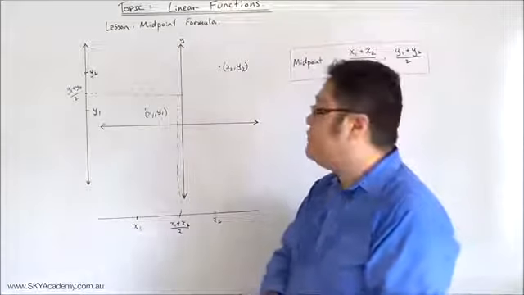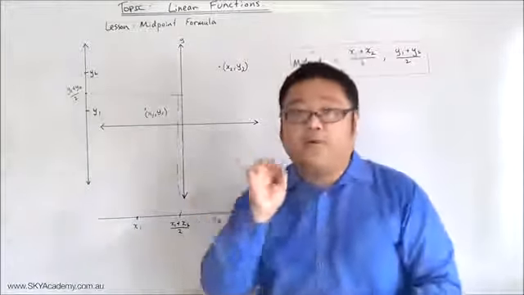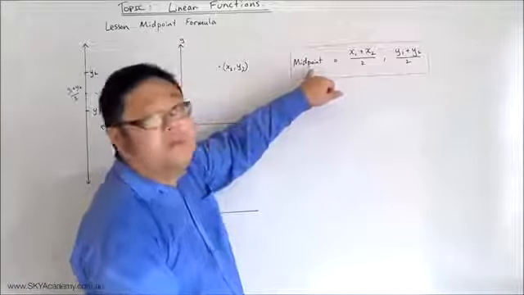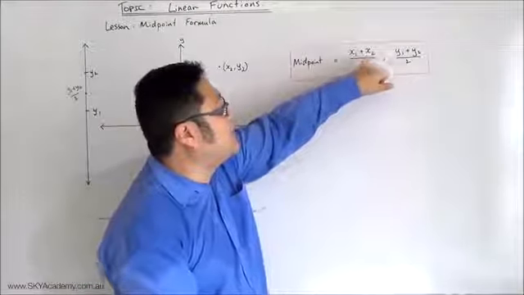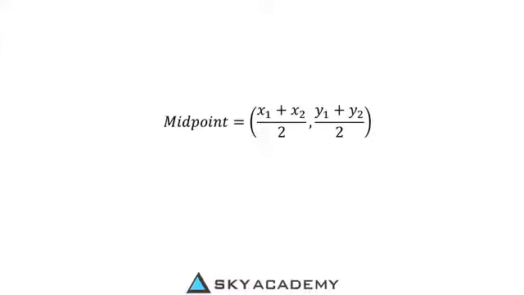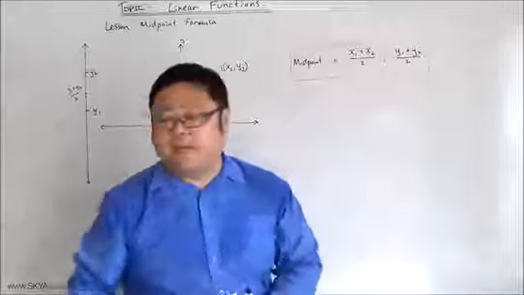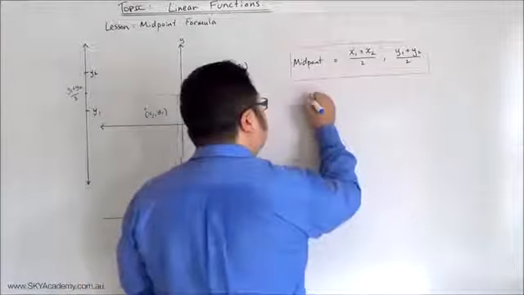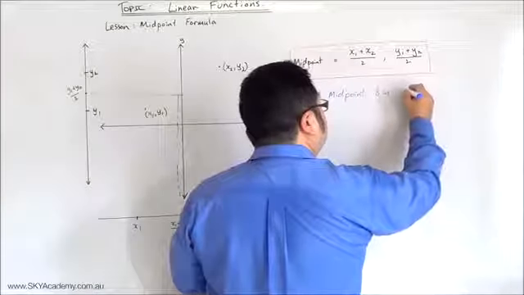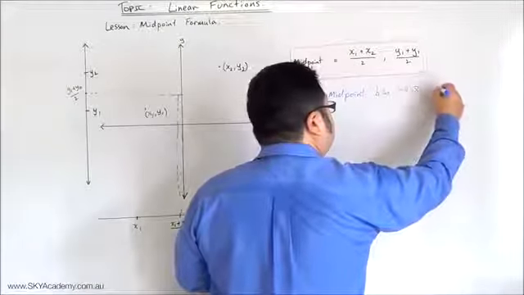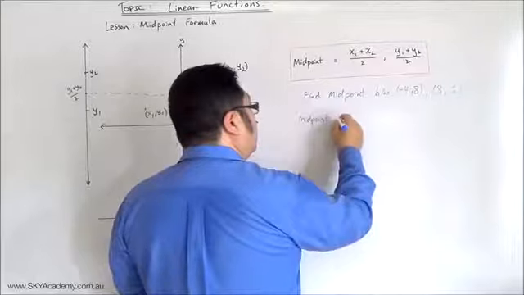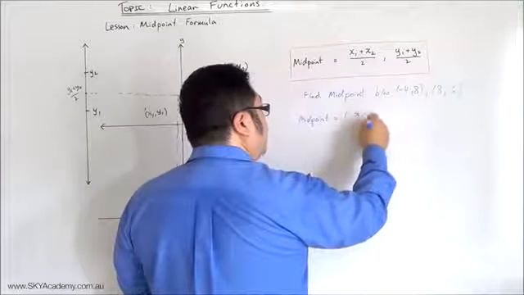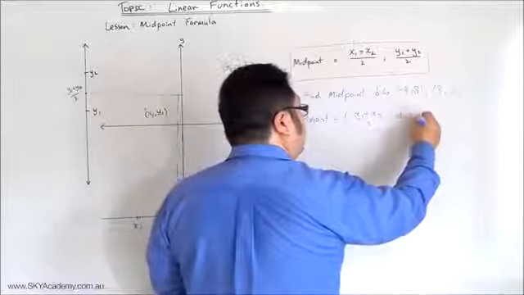Got it? And so the midpoint formula says that the midpoint between 2 points x1, y1 and x2, y2 is x1 plus x2 over 2, y1 plus y2 over 2. And we'll have a look at this by doing a specific example. So if we were to find the midpoint between -4, 8 and 8, 6, for example, the midpoint would be x1 plus x2 over 2 and y1 plus y2 over 2.